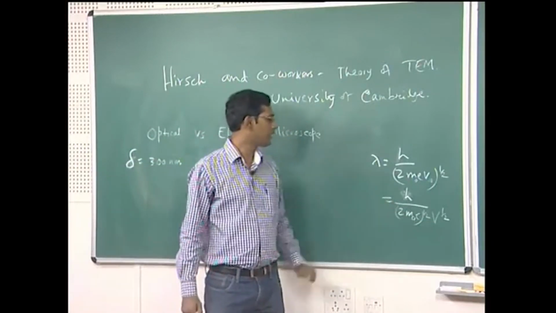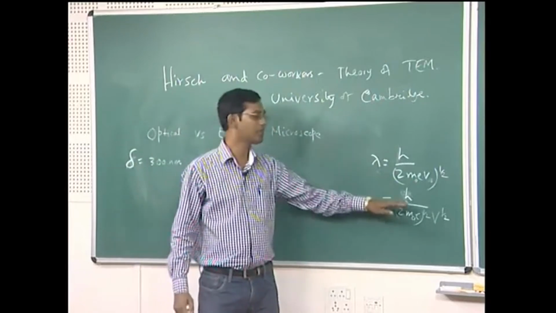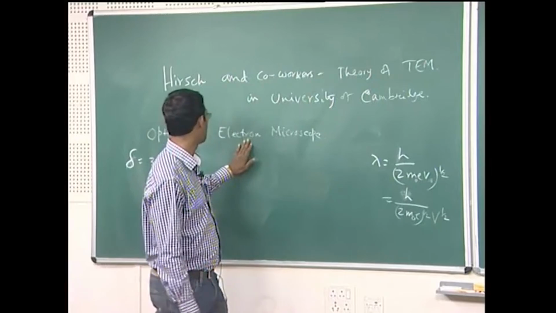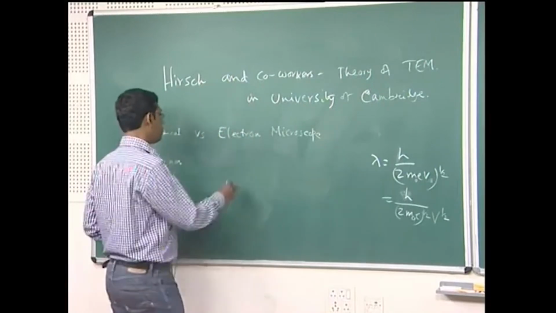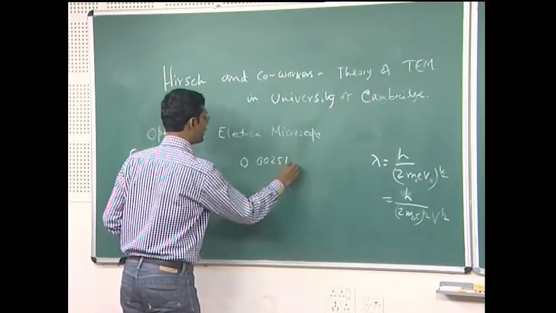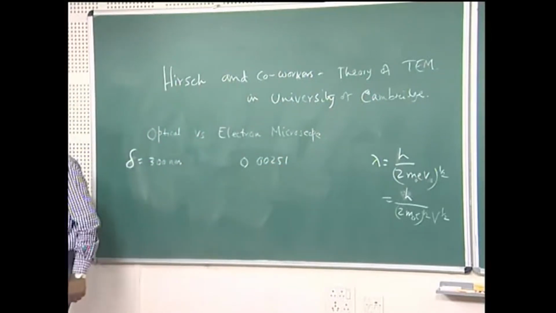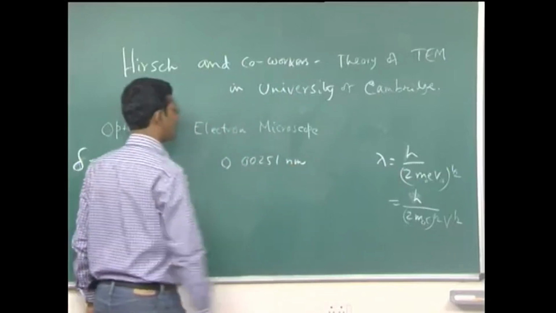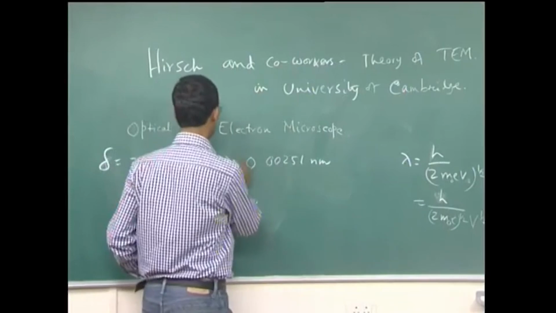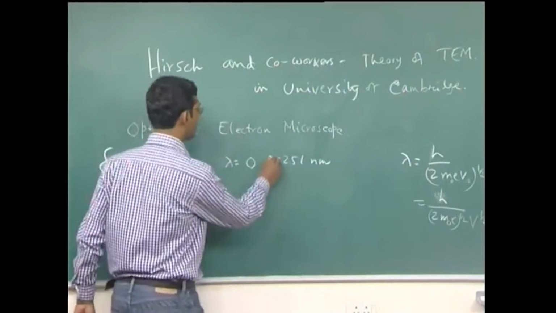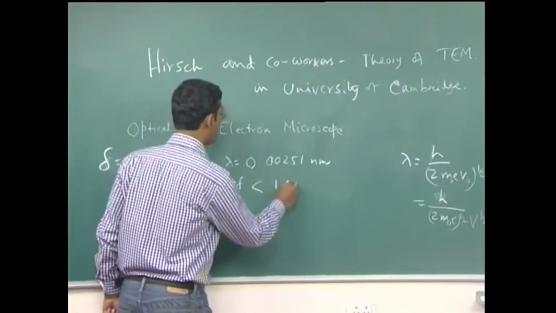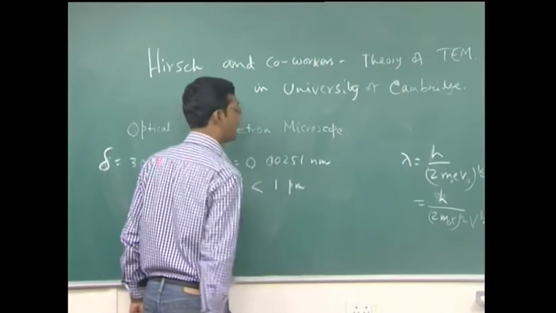If we calculate the wavelength of the electron at 200 kilovolts, which is normally used in a transmission electron microscope, lambda will be approximately 0.0251 nanometers. Immediately you can see that with this lambda in the electron microscope, delta will be less than 1 picometer according to this formula.